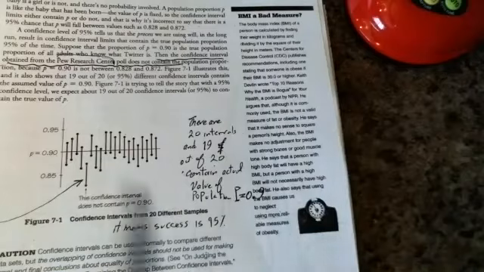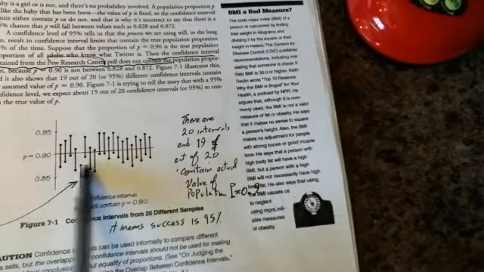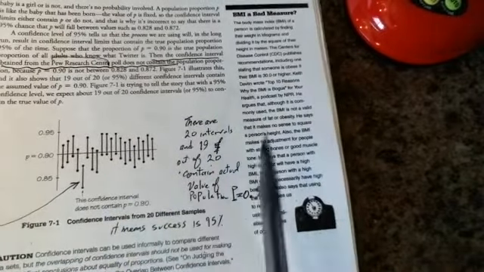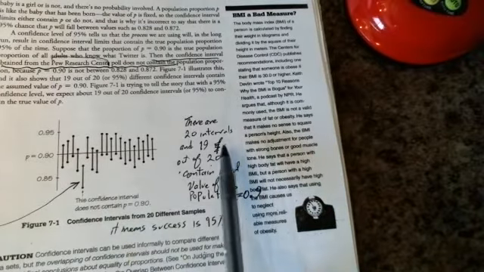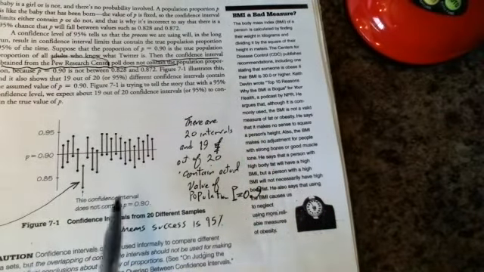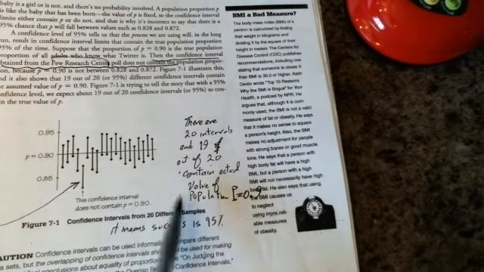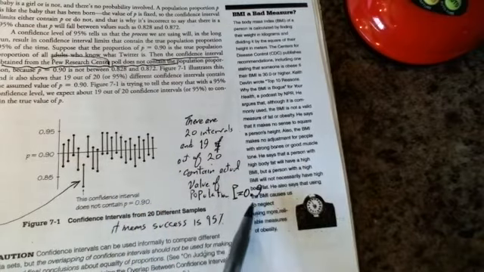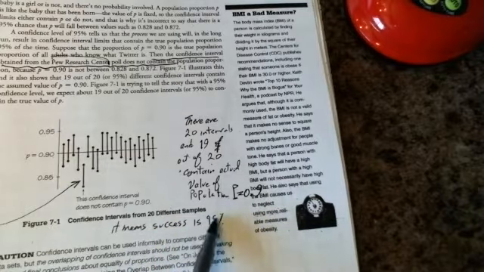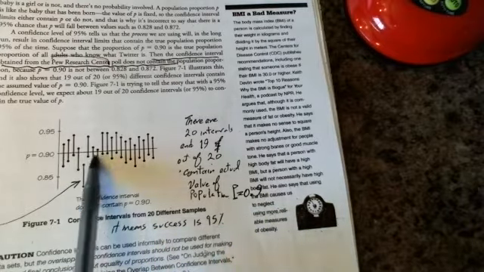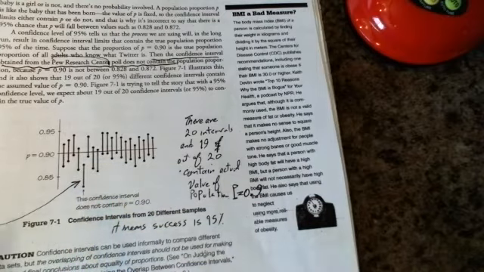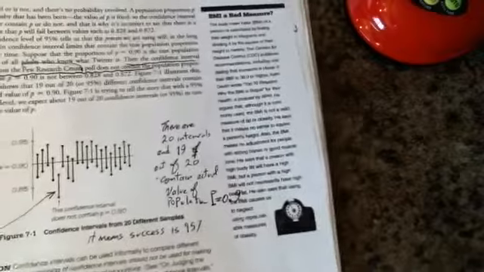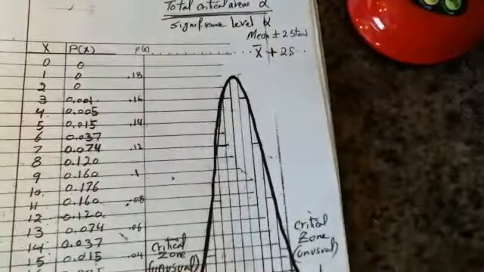We came up with 20 intervals, and out of these 20, 19 of them contain the actual value of the population proportion. Let's say that's 90%, then we say this is 95% success. It's just that one does not fall into that category. So this is the definition of confidence interval and what that is.